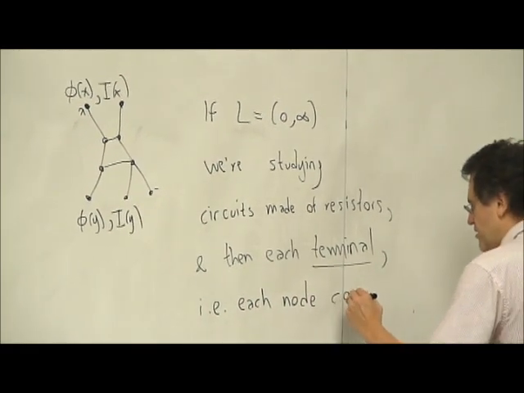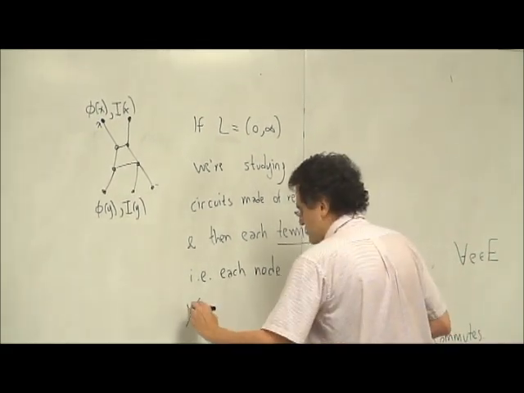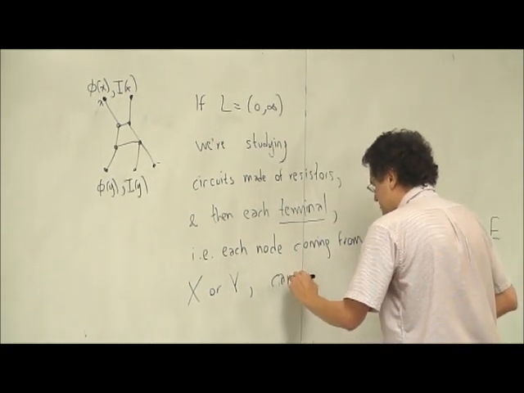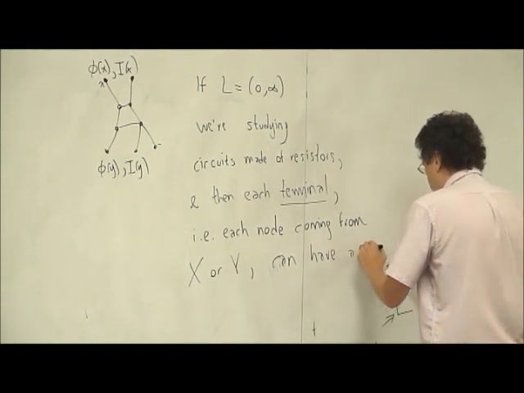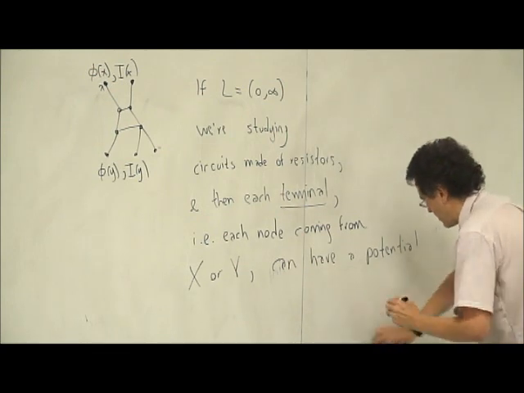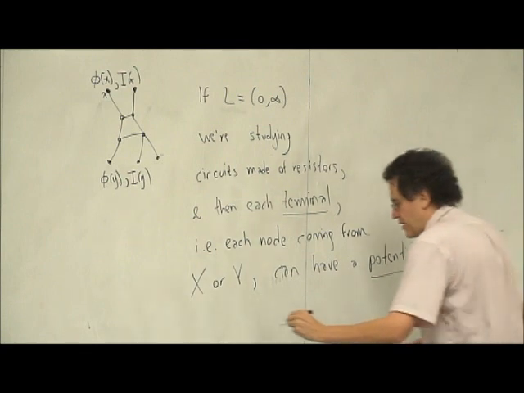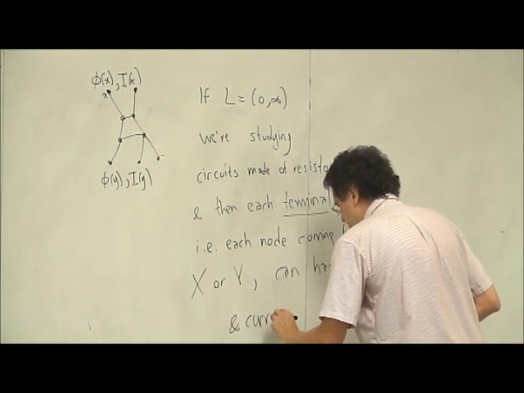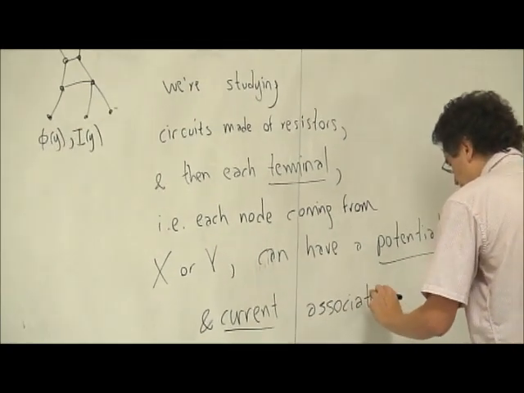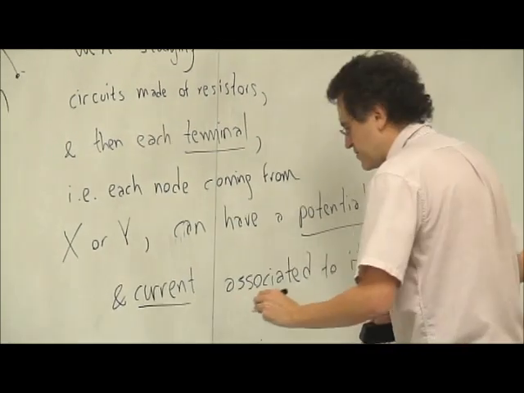Each node coming from X or Y can have a potential, which is just some real number, and a current associated to it. These are real numbers.